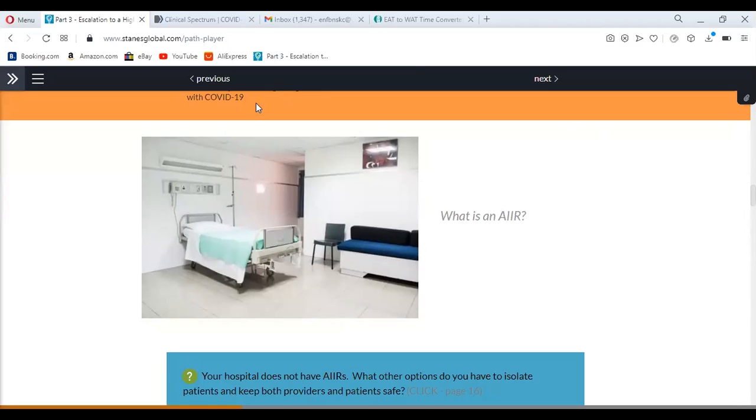What is an AIIR? Let's see the response. AIIR stands for Airborne Infection Isolation Room. It's a kind of negative pressure room that uses lower air pressure to allow outside air into a segregated environment, that is, into the isolation room.